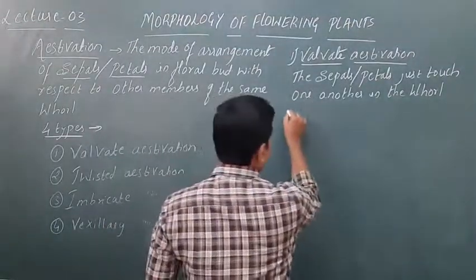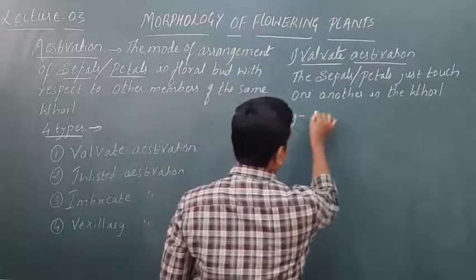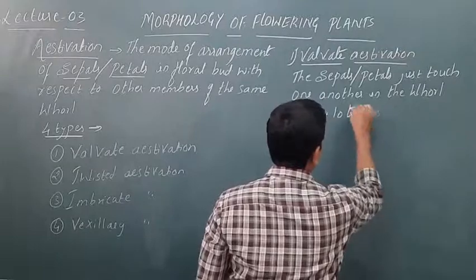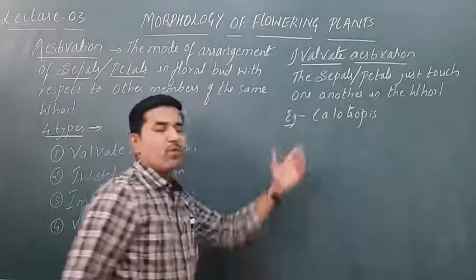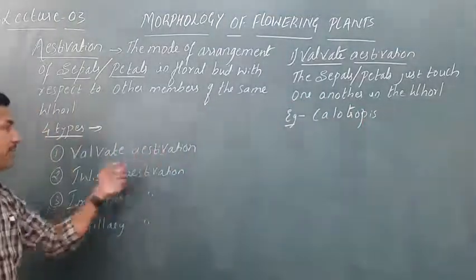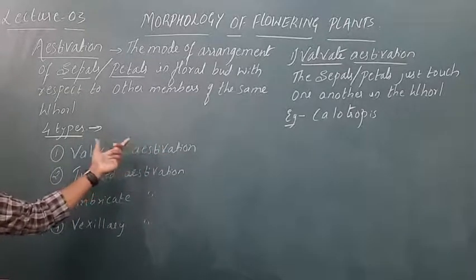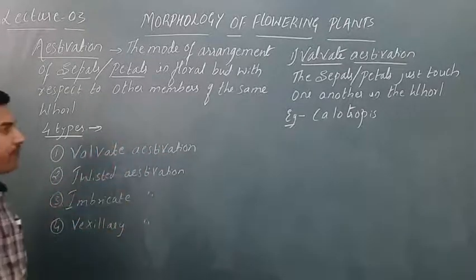This type of aestivation we observe in Calotropis. In the Calotropis plant, we observe valvate aestivation.